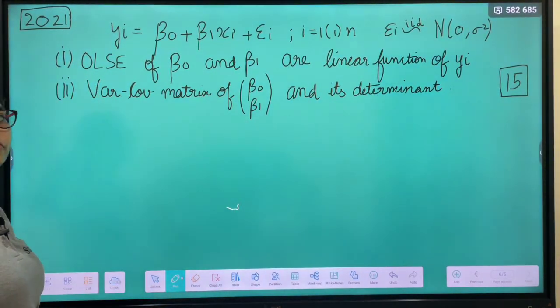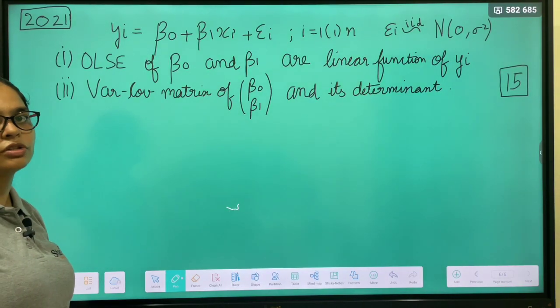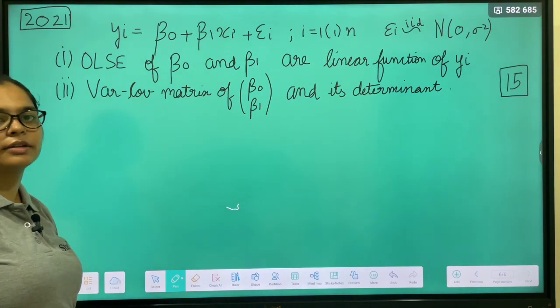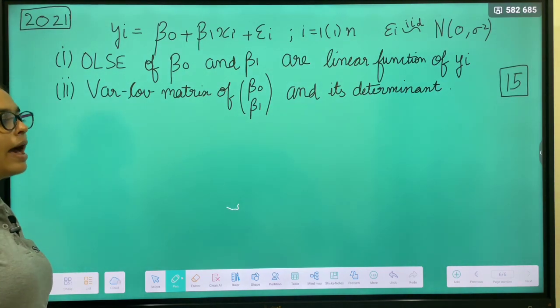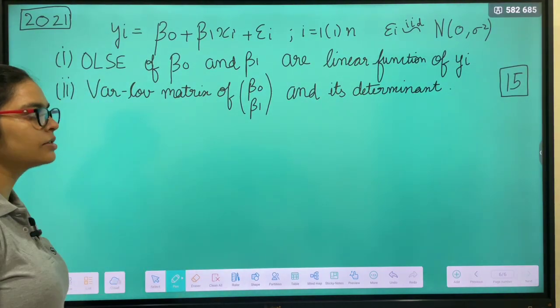So firstly, we have to calculate the OLSE of beta naught and beta 1 and prove that they are linear functions of yi. And secondly, we have to calculate the variance covariance matrix of beta naught, beta 1 and its determinant. This question is of 15 marks.